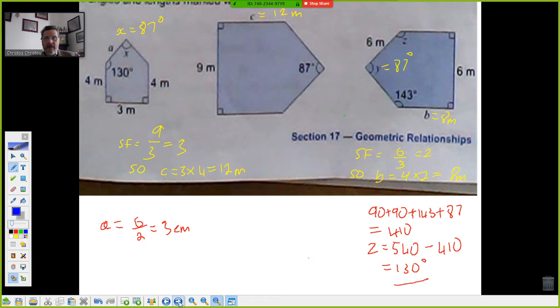Bring this down a little bit. Next page. This is the one I wanted to redo. In fact, I've redone it from last year. I'm told they are all similar. So if you're 87, let's change to a nice bright colour. If you're 87, then you are 87, no question.